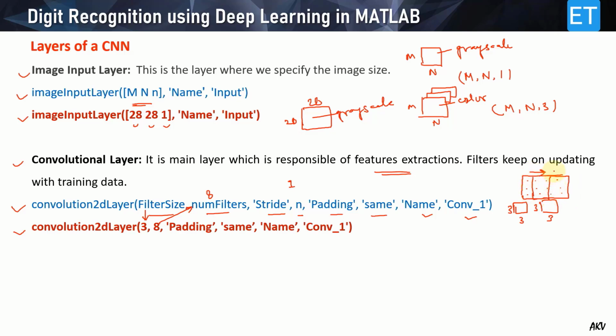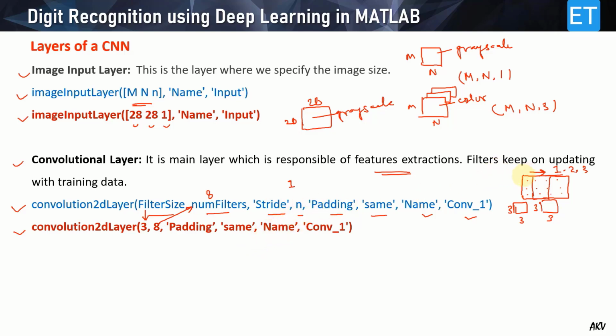This shift of the filter, you can do either 1 pixel, 2 pixels, or 3 pixels. That is known as a stride. The default value is 1, as in this case, since we have omitted this, it means the filter will shift by 1 pixel. So if you go to stride 2, your size will be reduced in the output.